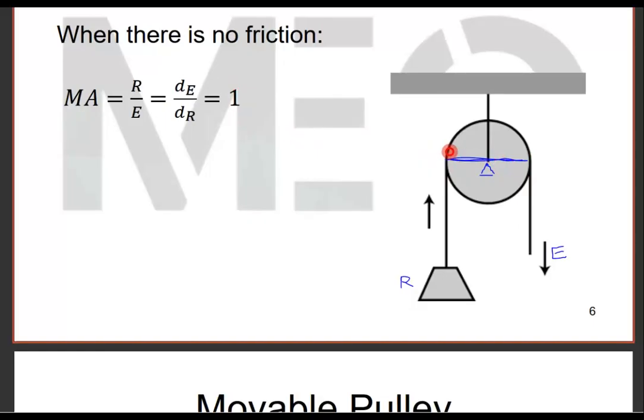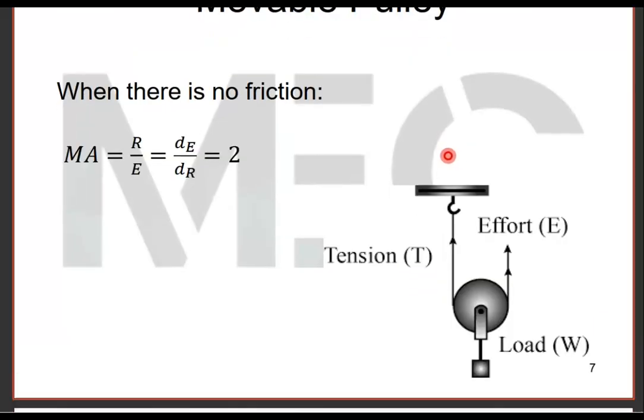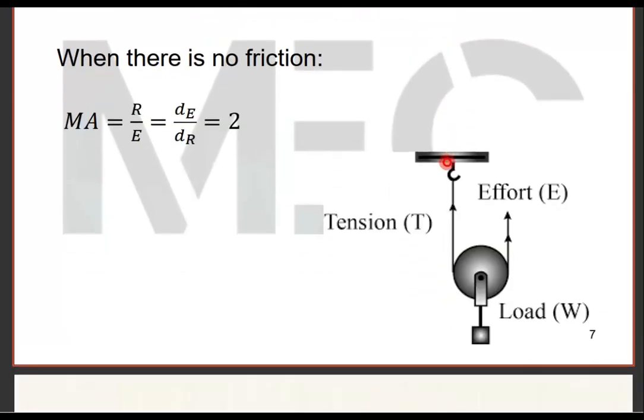load arm. In a movable pulley, again we can say this point is fixed at this moment. When we bring up this string, this point is fixed at this moment. So we can say it's like a lever type 2, where the load is in the middle, the effort is here, and here we have the arm.